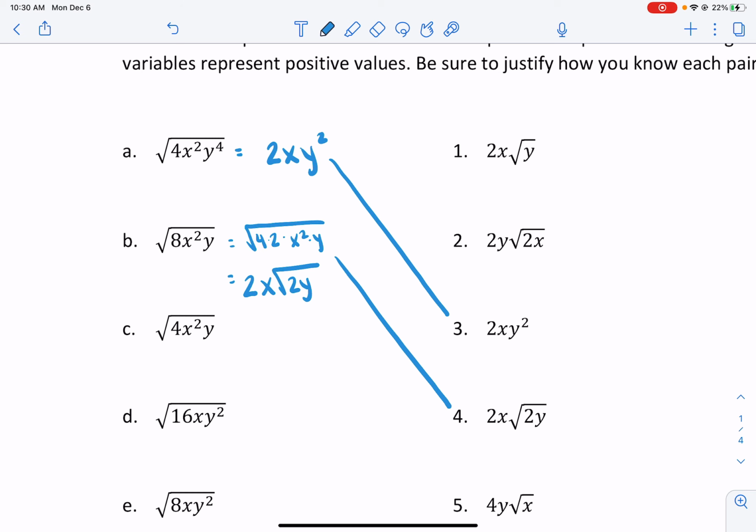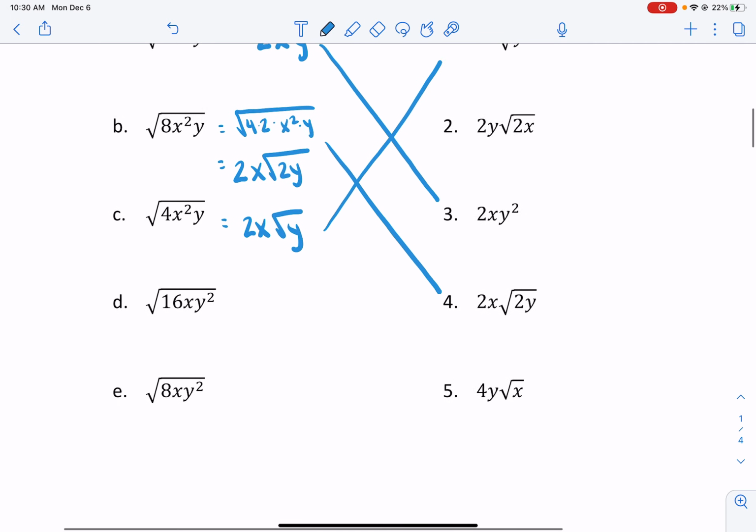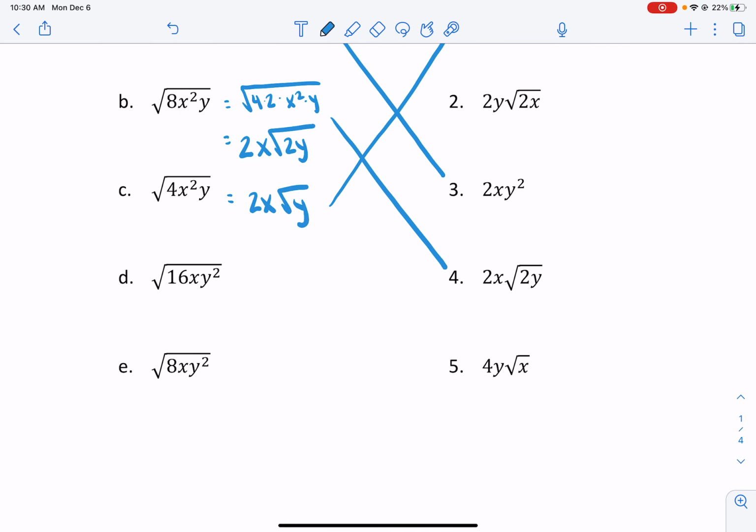Letter C, we've got the square root of 4, which is 2, and then we've got our x and then the y. So that goes with number 1. The square root of 16 is 4, and then the square root of y squared would be y, and we've just got the x there. So that goes with number 5.